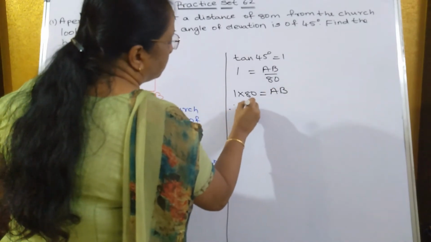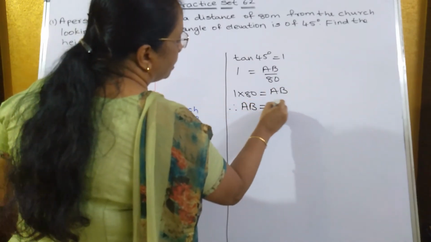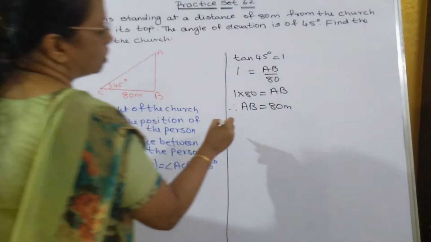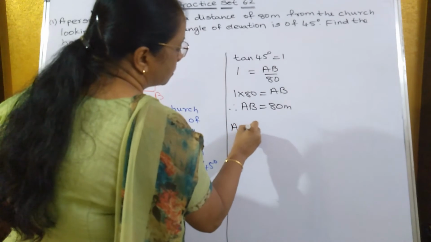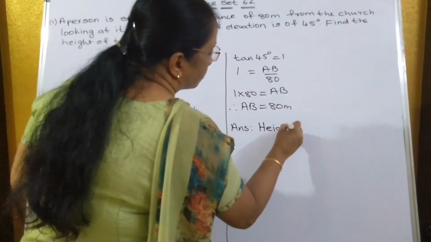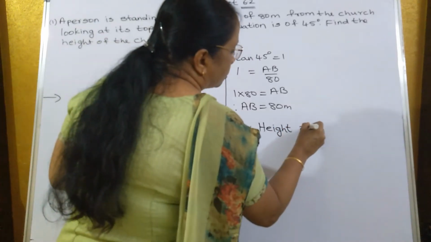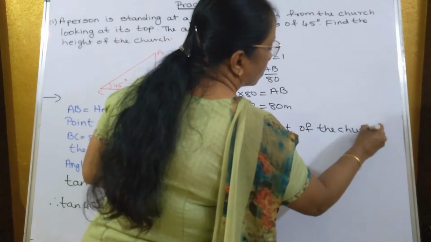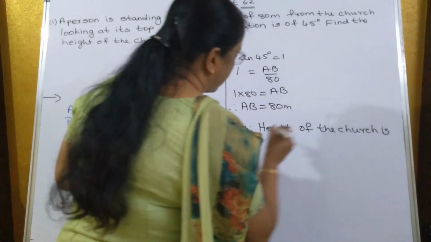Therefore AB is equal to 80 meters. So the answer: the height of the church is 80 meters.